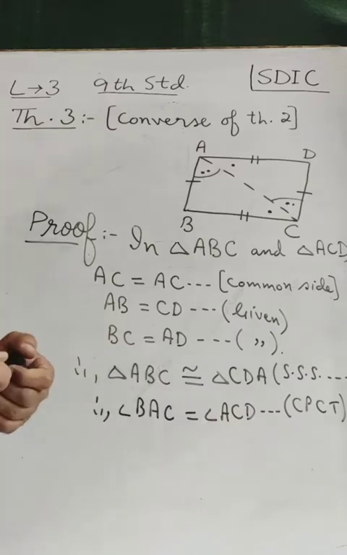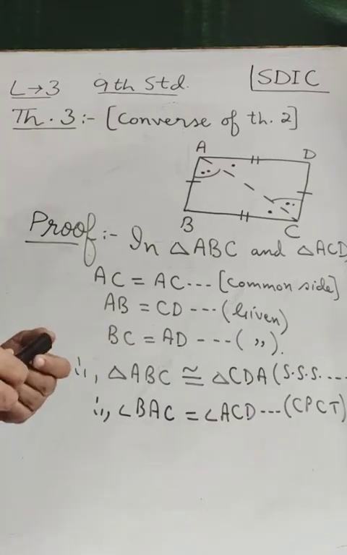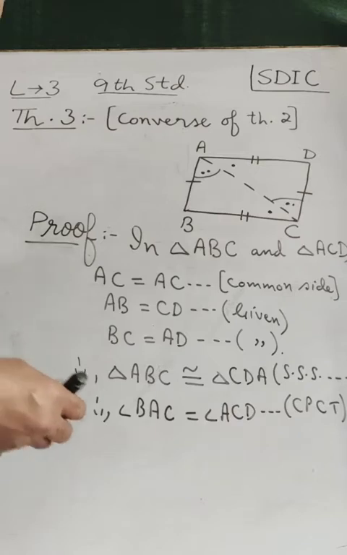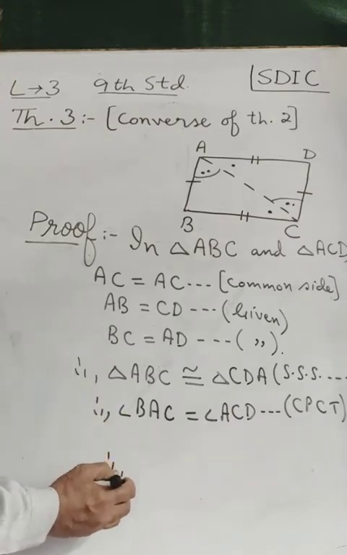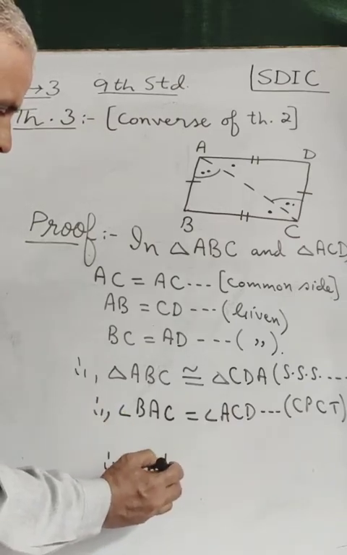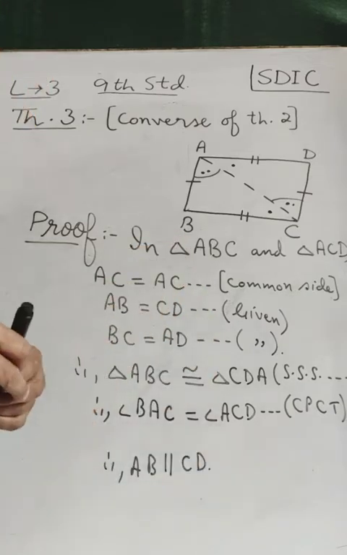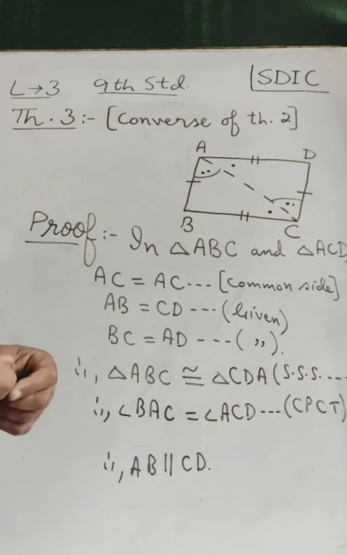But this is a pair of alternate interior angles. Therefore, AB is parallel to CD.